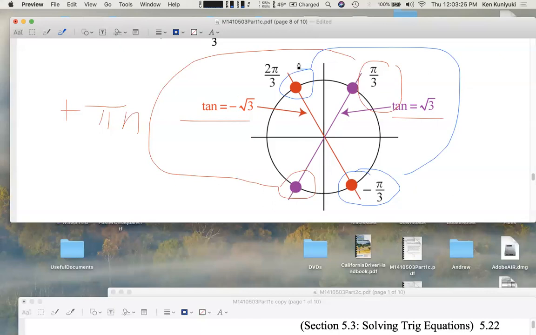Minus 2 pi, clockwise back to a coterminal twin, and so forth. And again, the same deal for negative pi over 3. Negative pi over 3 plus 0 pi, plus 1 pi, plus 2 pi, plus 3 pi, and so forth. Same for minus 1 pi, minus 2 pi, and so forth. We pick up all the brothers in quadrants 4 and 2.